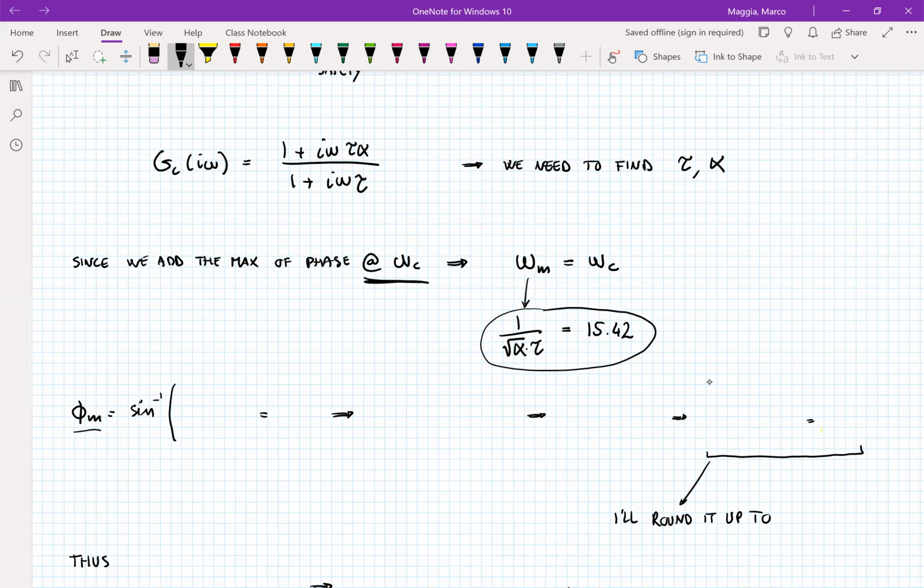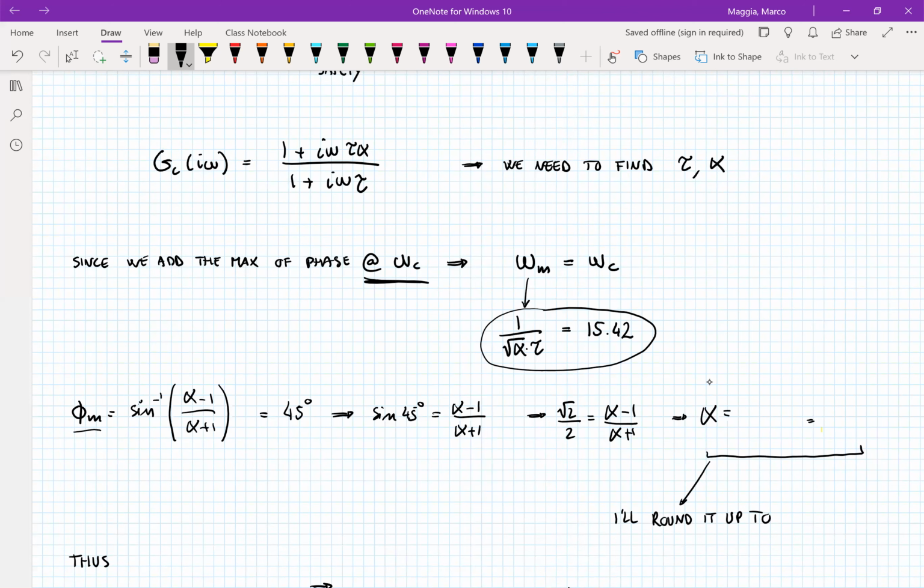Remember, that is the arc sine of alpha minus 1 over alpha plus 1, and we want this to be equal to 45. So we have that sine of 45 has to be equal to alpha minus 1 over alpha plus 1, or square root of 2 over 2, which is sine of 45, equals alpha minus 1 over alpha plus 1.